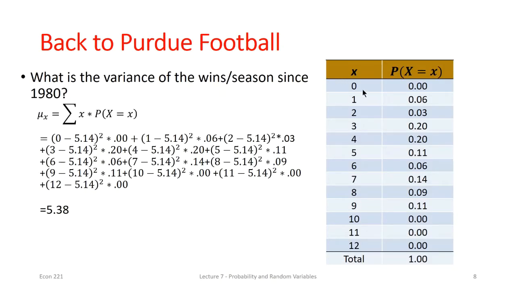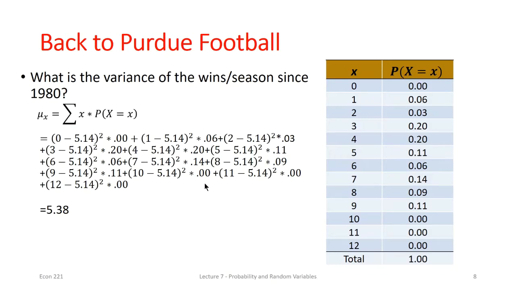Okay? So I go back to my example here. I've got it written out, but I'll just walk through the process. I'll take the first outcome 0, subtract 5.14, square it, multiply by the probability I saw that outcome of 0, which is probability 0 there, so that one's easy. Add to that the next outcome 1, minus the mean squared times the probability that we saw 1 win. Add to that the next outcome of 2 minus the mean squared times the probability we saw 2, which is 0.03, and so on and so forth.